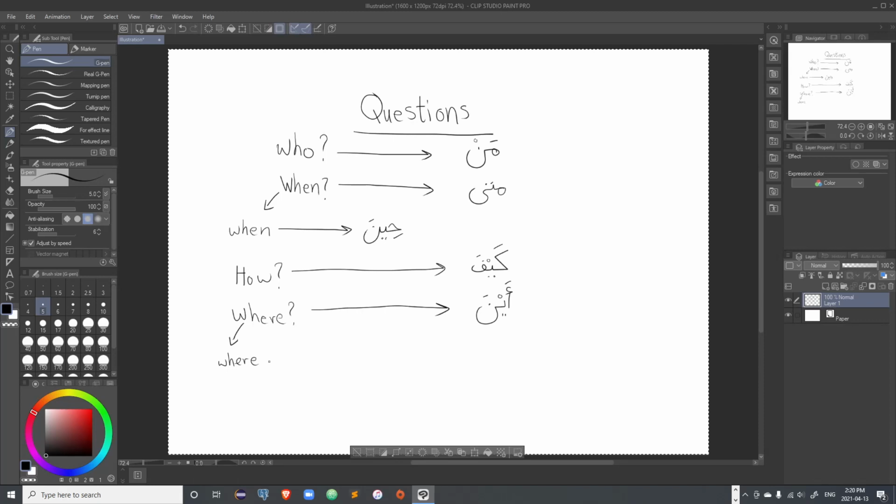So where as a statement instead of a query, that would be عند, which also means at, the preposition at, but we will cover the prepositions after the questions in the second panel.